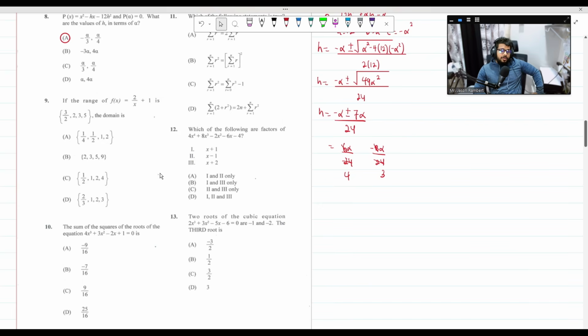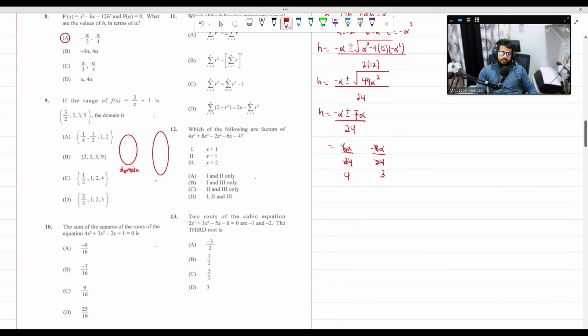If the range of f of x is equal to that, then the domain is, now I want us to be careful here, right? If they give us a function, the function will take us from domain to codomain. So from domain to codomain, but I will use range here because they mention range in the question.